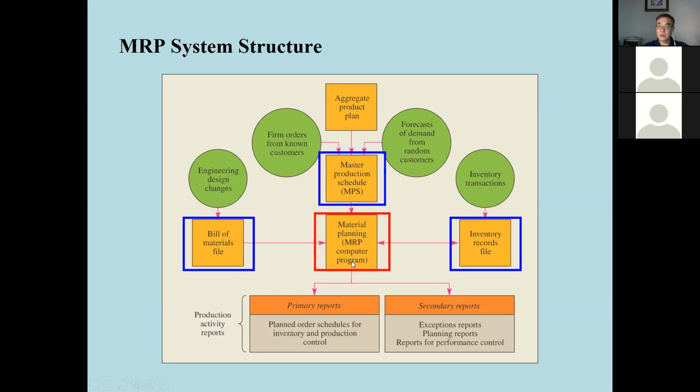After running it, it produces primary reports such as how many, when, and what kind of part to produce. If there is a change, the MRP system produces secondary reports, exception reports, such as demand changes, then changes to the production schedule.